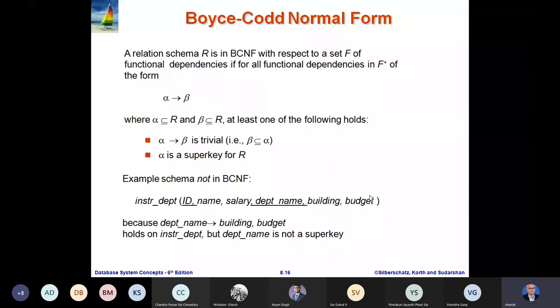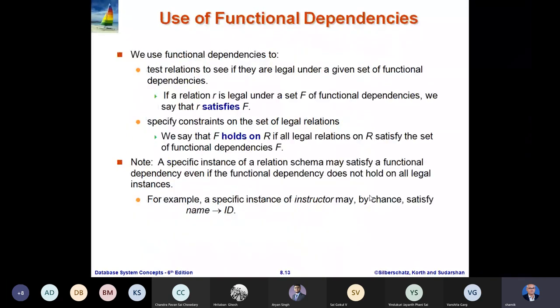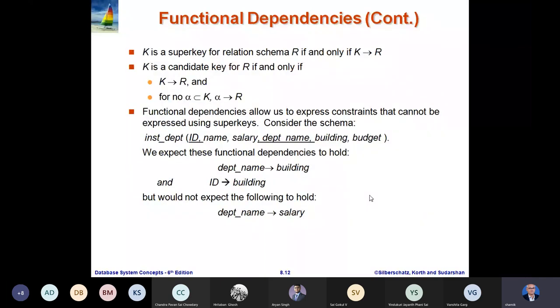And if it is not trivial, then for all such FDs of the form alpha to beta in F plus, alpha is a super key of R. That means alpha functionally determines R. If you remember, we said that if alpha functionally determines R, then alpha becomes a super key, which is obvious because the definition of super key is what? That a set of columns together form a super key of R if we fix the values of those columns for any tuple, the values of all the columns for that tuple will get fixed.